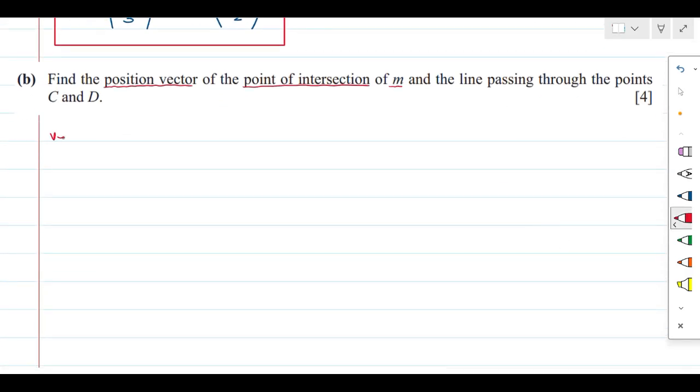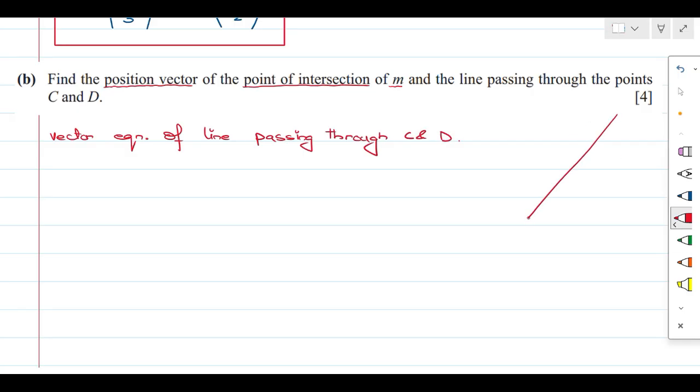So here we can say the vector equation of the line passing through C and D. Let's say there is a line which passes through the point C and the point D. What is the vector equation?